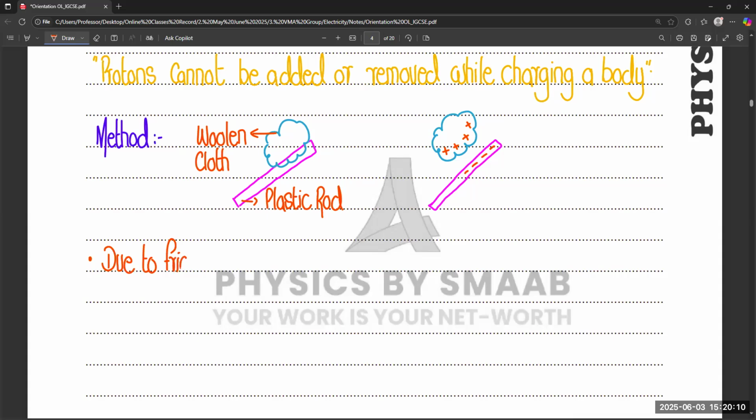Due to friction, heat is produced, because to transfer the charges we require some amount of energy. So that energy is gained by friction.